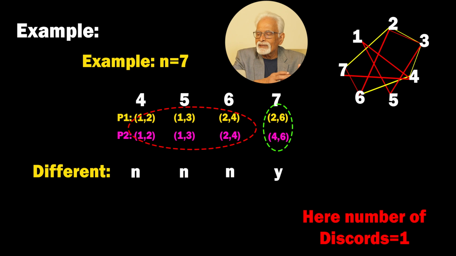Now, you see that 1, 2 is where 4 is inserted in both pedigrees, so it is the same and not a discard. For 1, 3, we insert 5 in both pedigrees, so we discard that. For 2, 4, we insert 6 in both pedigrees, we discard. So what we really have is only one place where they are different. The number of discards is only 1.